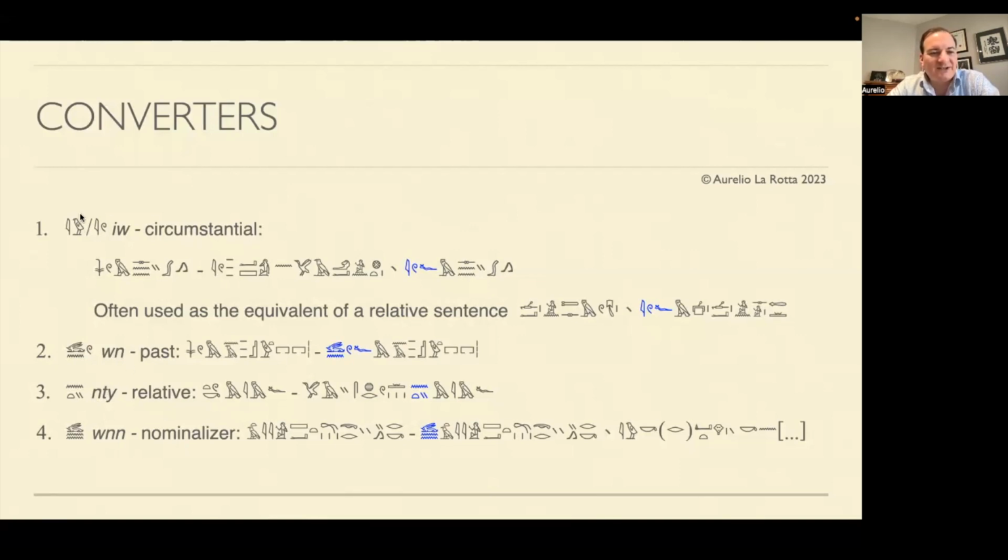This one you've seen a lot already, the circumstantial. This becomes a in Coptic. It's used in pretty much every sentence to give you something that happens while something else is happening, hence the name. So, for example, su mseni, he is passing by.